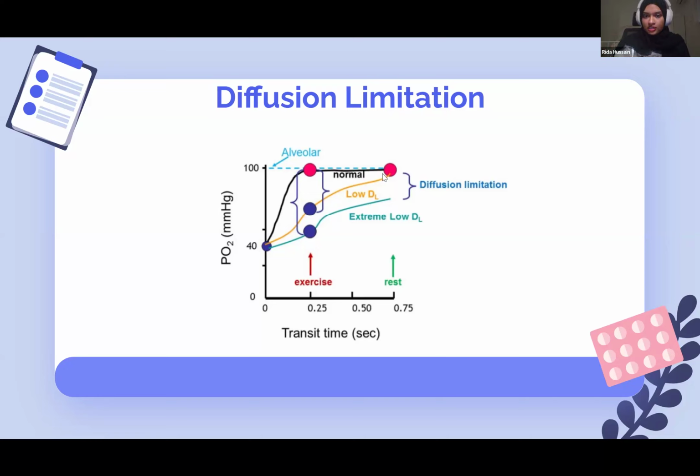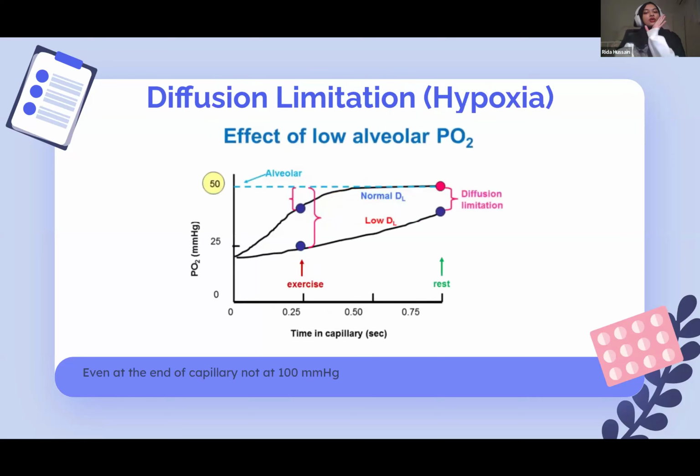Okay. And then again, at the same time, asthma has a normal partial pressure of oxygen at rest, but then at exercise, it's different. The case is not the same. Moving on, there is a specific diffusion limitation that I want you to pay attention to. This is hypoxia.